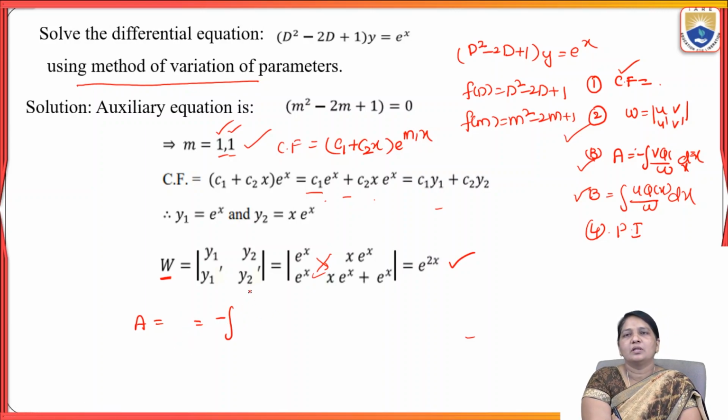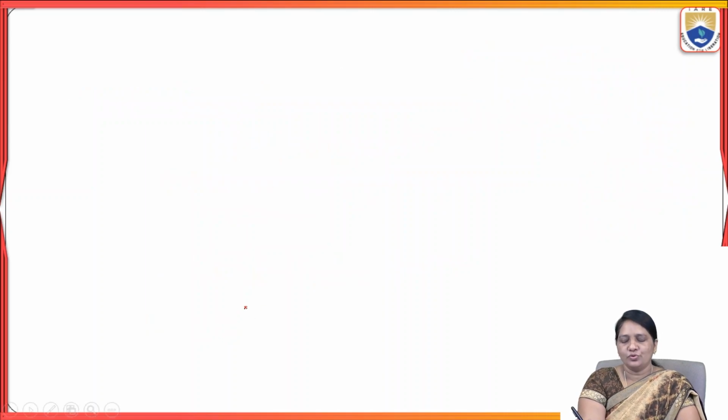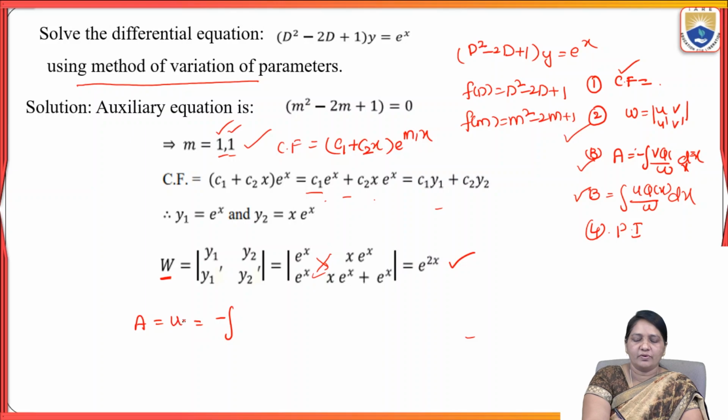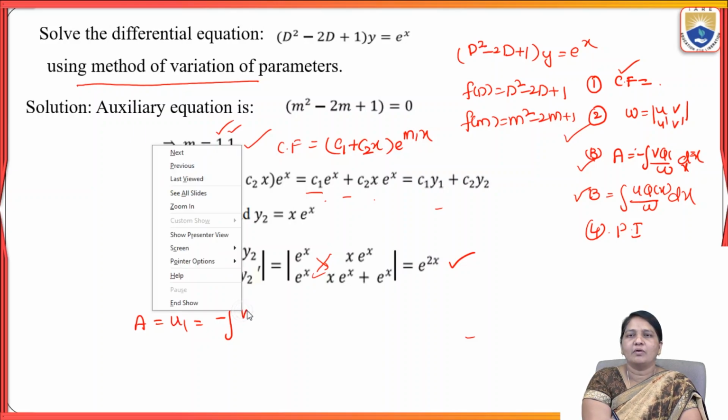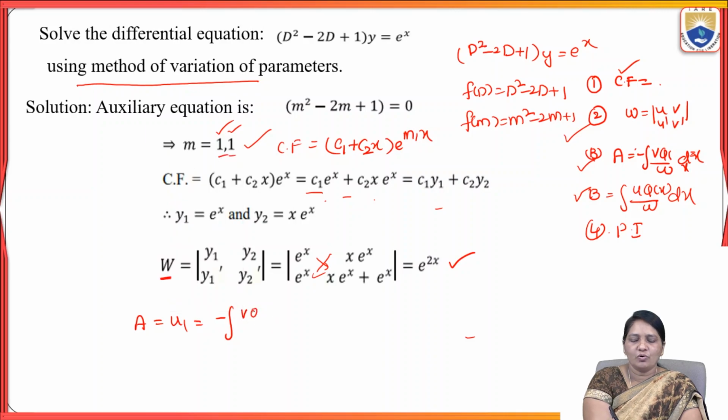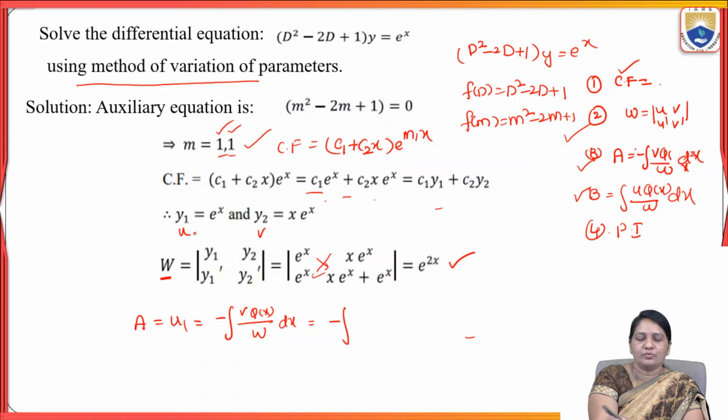So here, A equal to, otherwise u1 equal to minus integral v into Vr by 2, v into q of x by w into dx. This is the formula: minus v value, r y2 value.